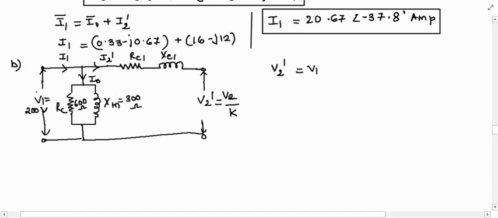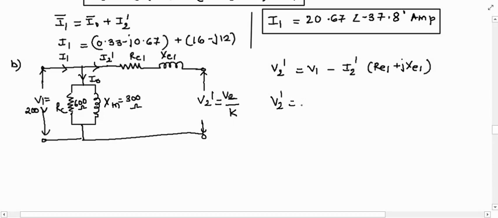So simply, if I subtract this drop across this impedance from 200, I will get V2 dash. So V1 minus what is current flowing through RE1 and XE1, I2 dash into RE1 plus JXE1.